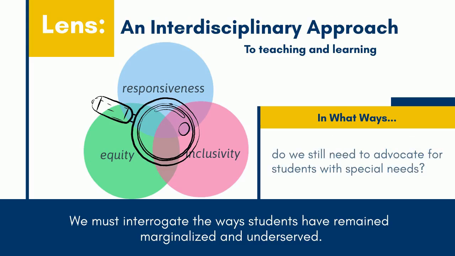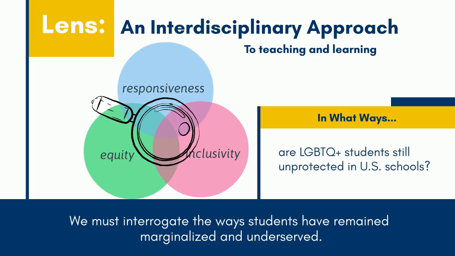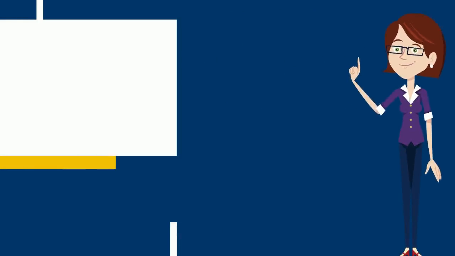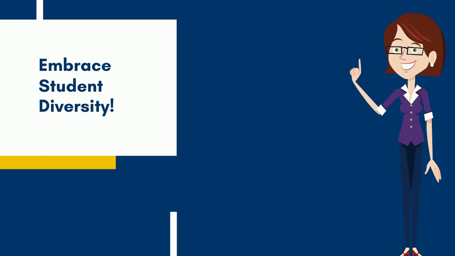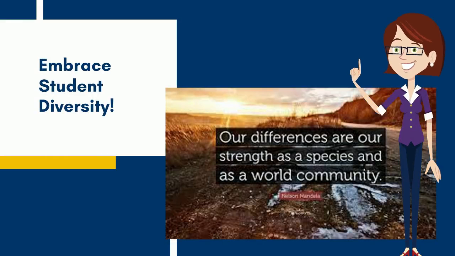We know that laws were passed to rectify inequities in education for students with special needs, but what remains to be done? And in what ways are LGBTQ+ students still unprotected in U.S. schools?